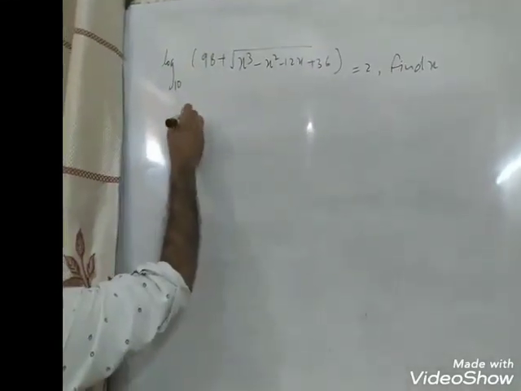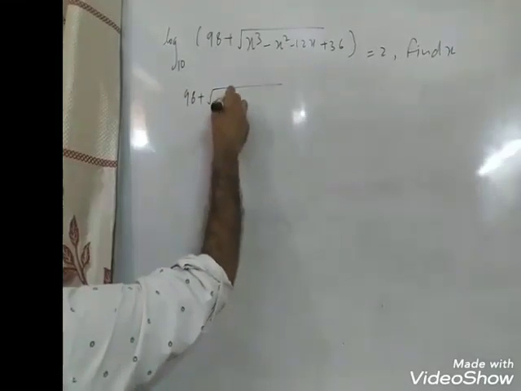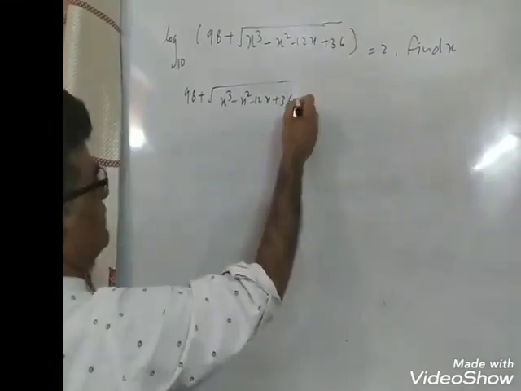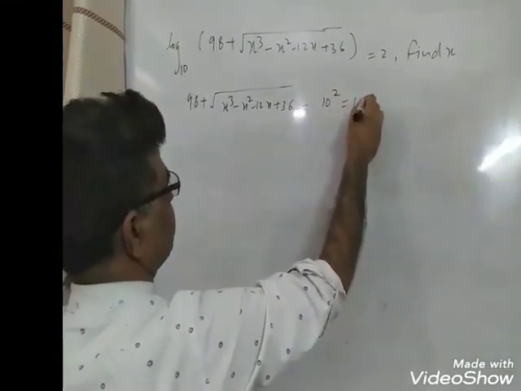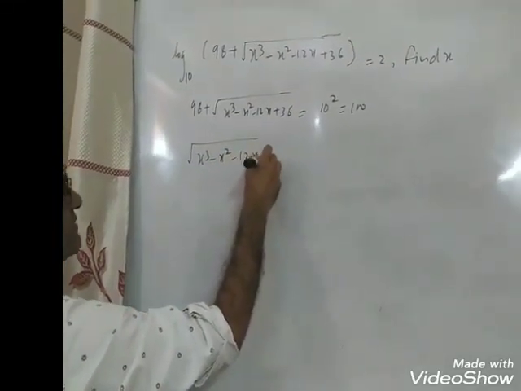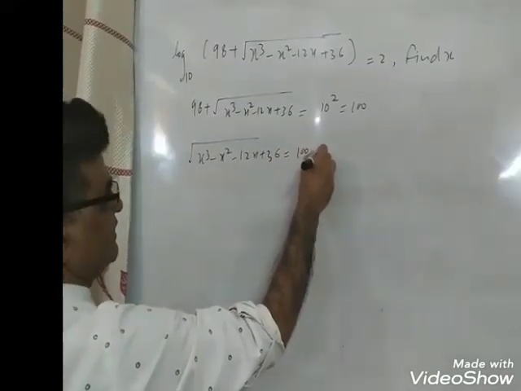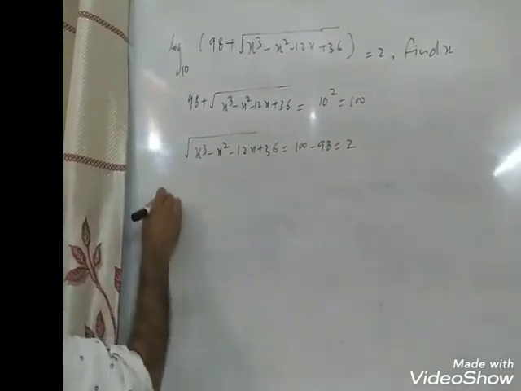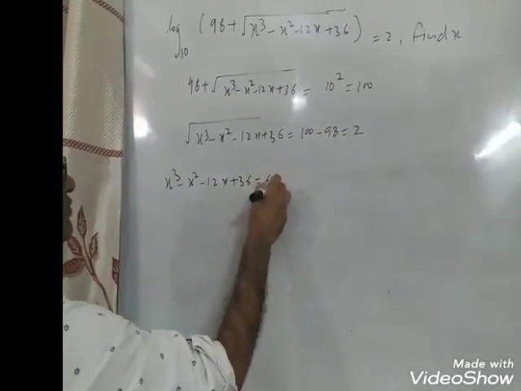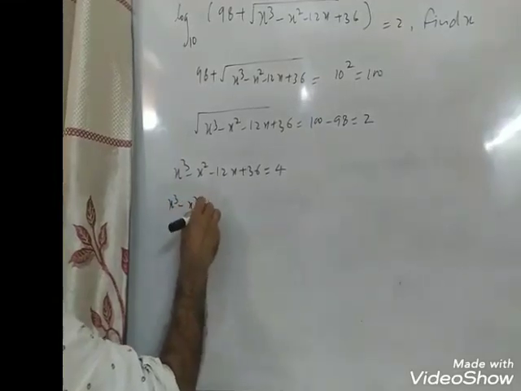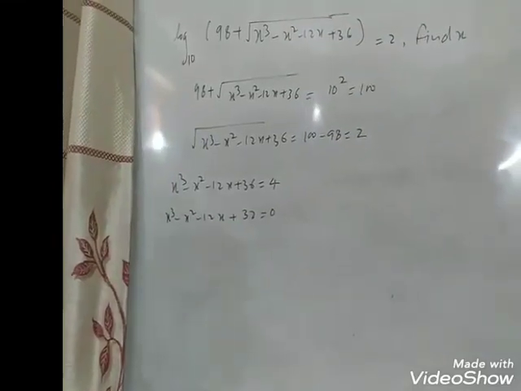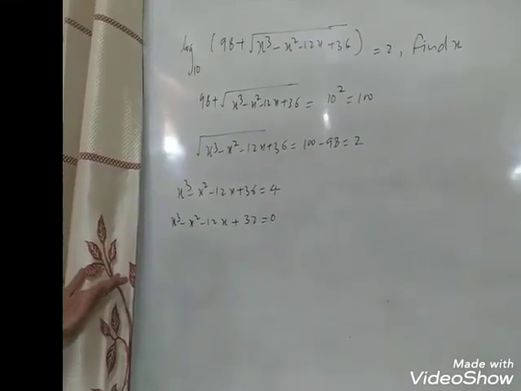So we can just break it like this: x^3 - x^2 - 12x + 36, whole under this, is 10^2, which is equal to 100. So x^3 - x^2 - 12x + 36 equals 100 - 98, which is equal to 2. Or x^3 - x^2 - 12x + 32 = 0. Now we have to solve it for the value of x.